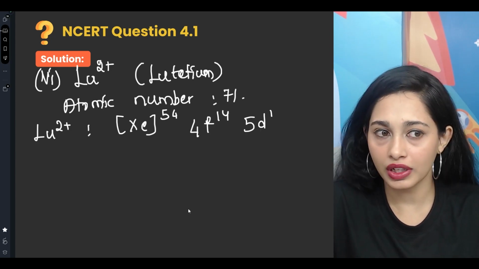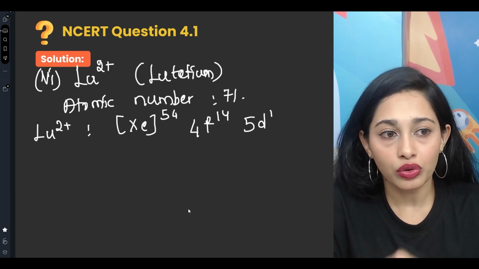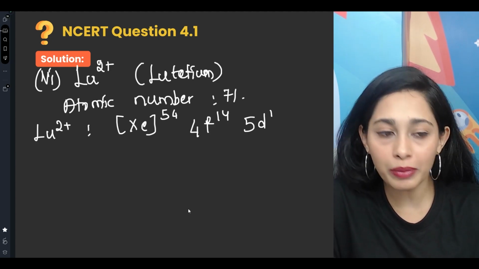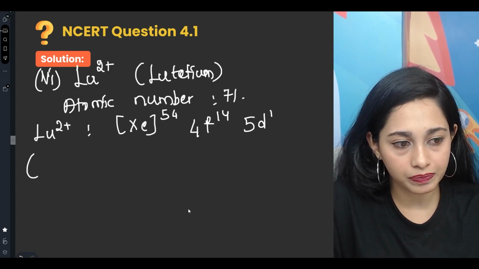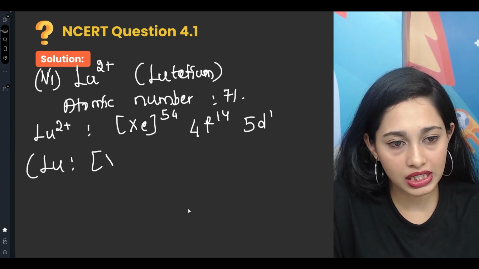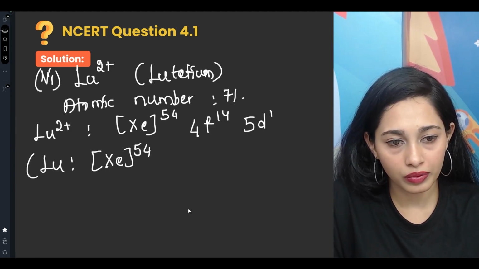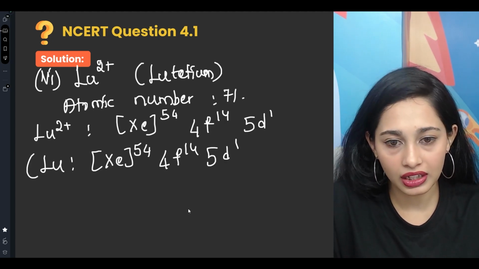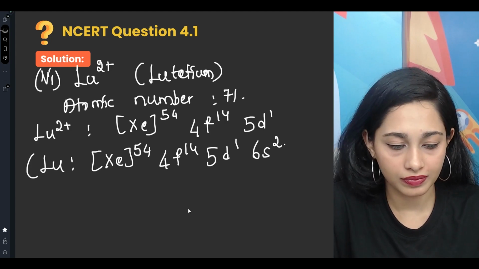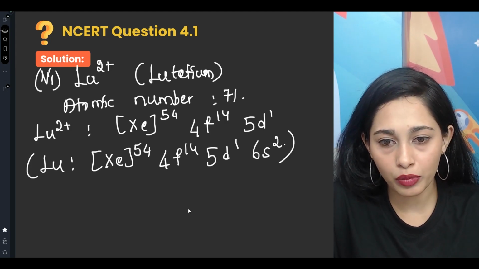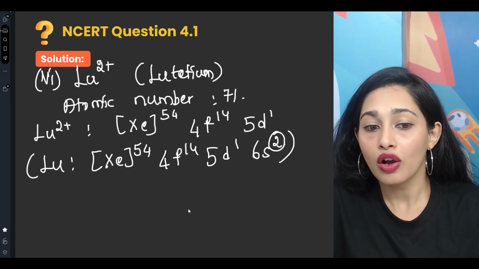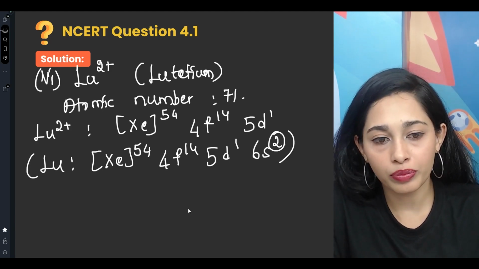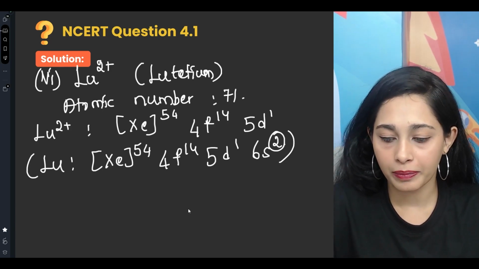The elemental lutetium configuration is xenon 4f14 5d1 6s2. As we have removed these 2 electrons, it is xenon followed by 4f14 and 5d1.